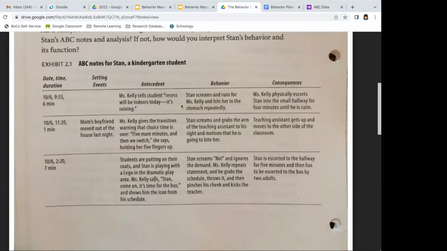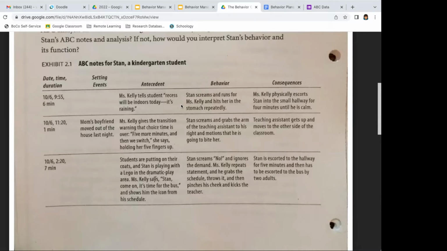Miss Kelly says, "Stan, come on, it's time for the bus," and shows him the icon from his schedule. Stan screams no and ignores the demand. Miss Kelly repeats the statement, and he grabs the schedule, throws it, and then pinches his cheek and kicks the teacher. Stan is escorted to the hallway for 5 minutes and then has to be escorted to the bus by 2 adults.